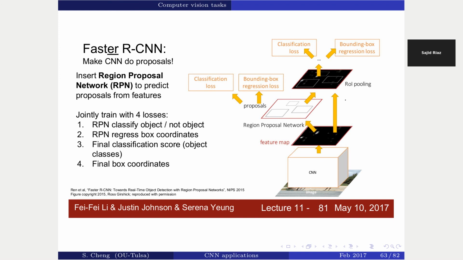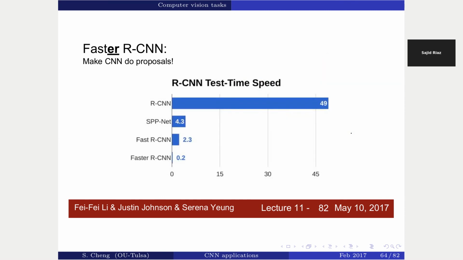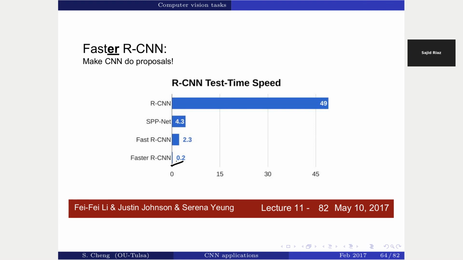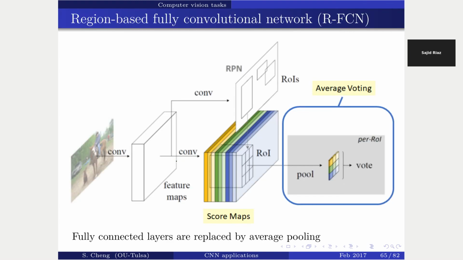But again, this is really good to remember, because this trick has been used again and again. After they implemented this trick, they could reduce the computation to about 0.2 seconds for Faster RCNN.